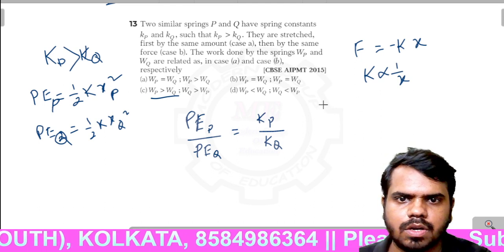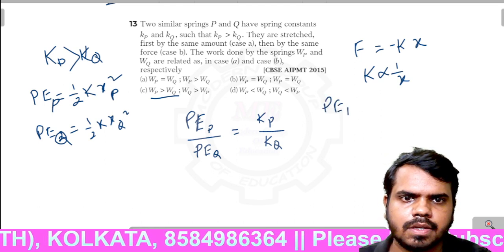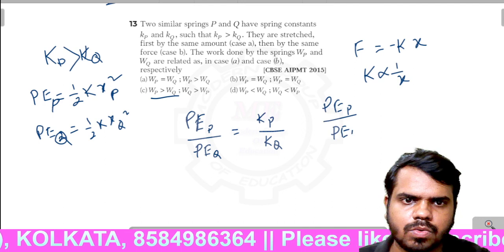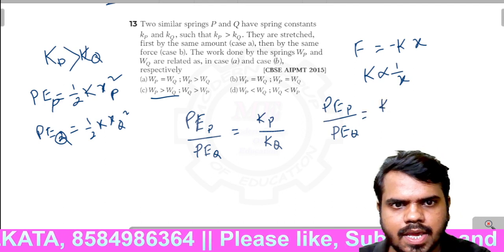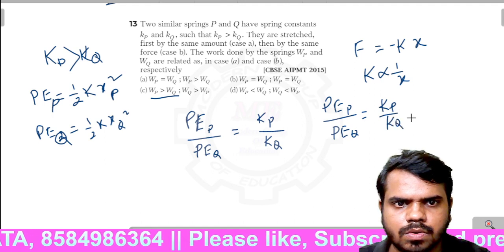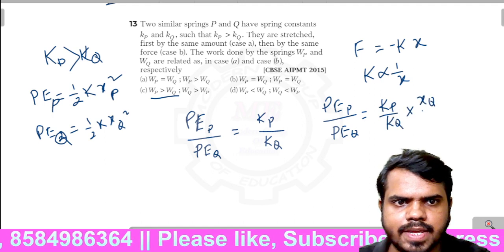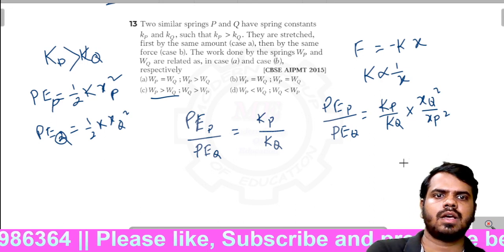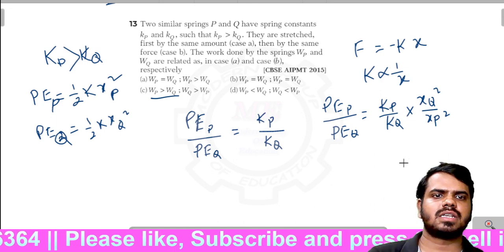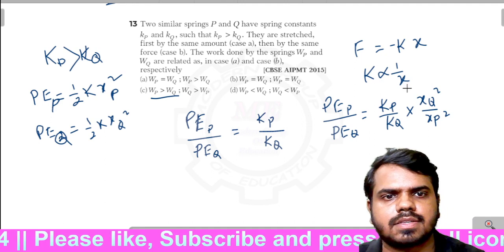Now coming to PEp by PEq, the half cancels out, so kp by kq into xp square by xq square. The half cancels out, and it is inversely proportional to x.